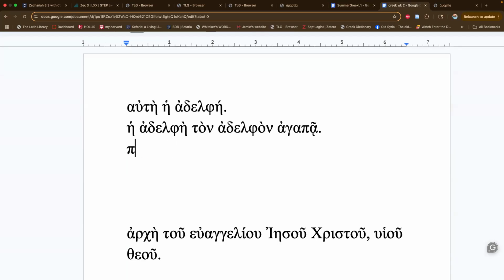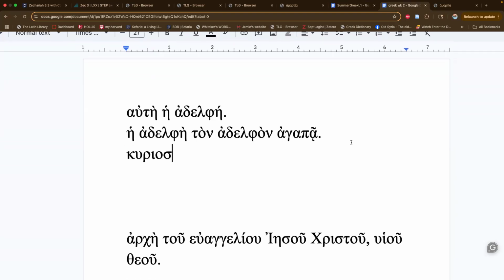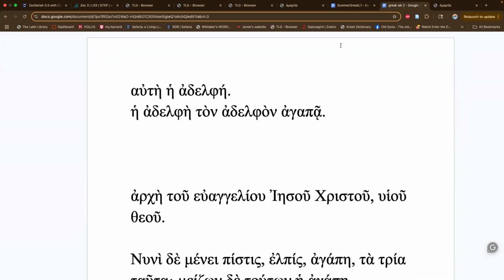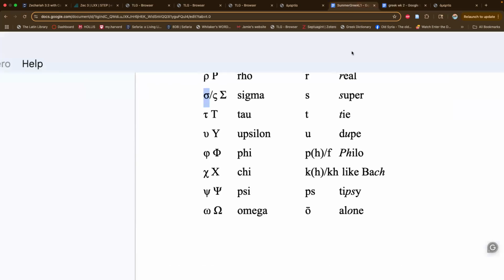But if I have kurios, for example, it's not going to look like this. It'll look like that. Or one you might be familiar with, logos would look like that. So that's just to note. But as long as you know what both of them look like, it shouldn't trip you up. We're just redoing the alphabet.